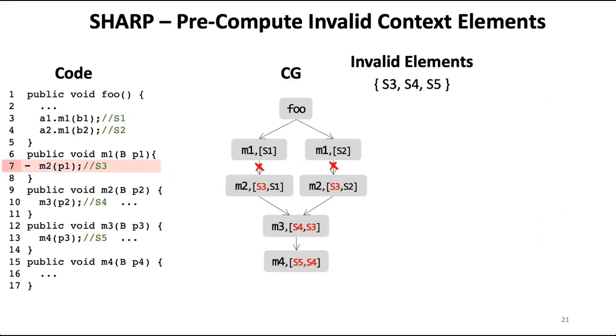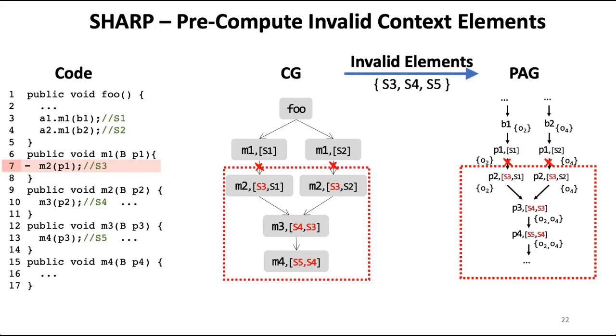To avoid such redundancy, instead of propagating changes immediately, we pre-compute all the invalid context elements right after the deletion of a method call. For this example, we identify S3, S4, and S5 as invalid context elements after deleting line 7.